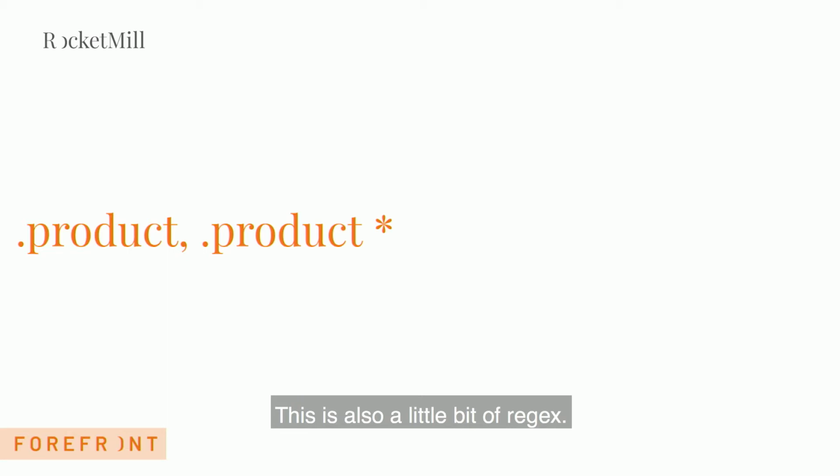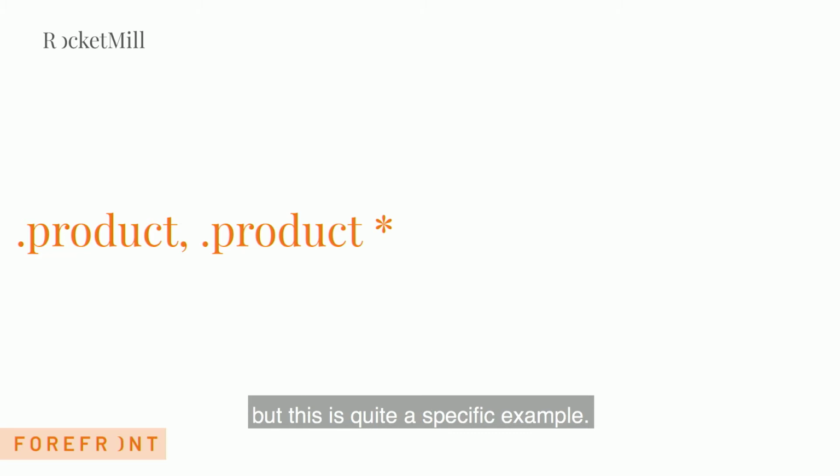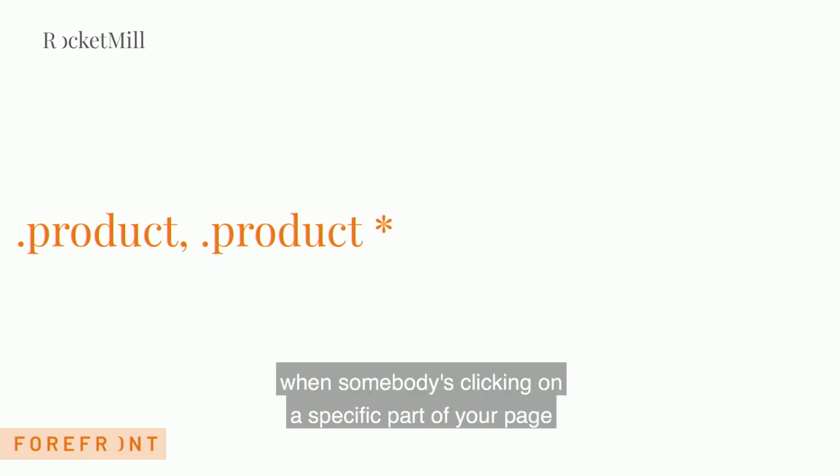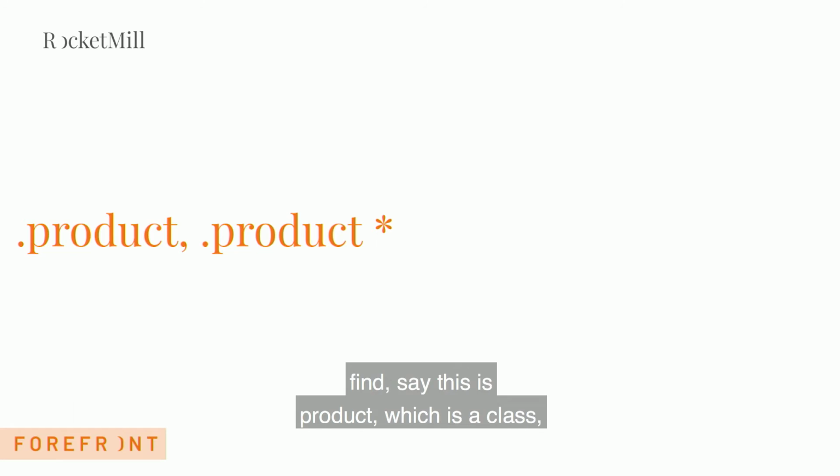This is also a little bit of Regex. I feel like this is the one that probably would have saved me the most time, but this is quite a specific example. So when you're in Google Tag Manager, often you want to trigger an event when somebody's clicking on a specific part of your page, a particular page element. So I'd sift through the HTML, find, say, this is product, which is a class.